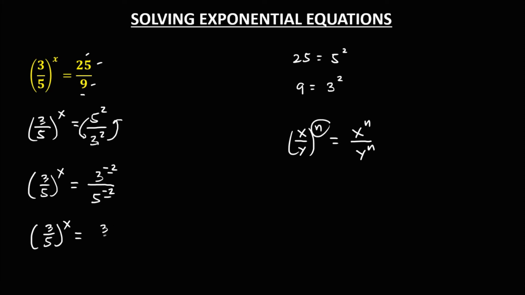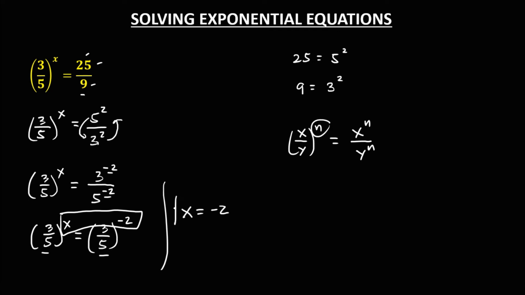So we have now 3 over 5 then to the power negative 2. So we have now the same base, so therefore x is equal to negative 2.